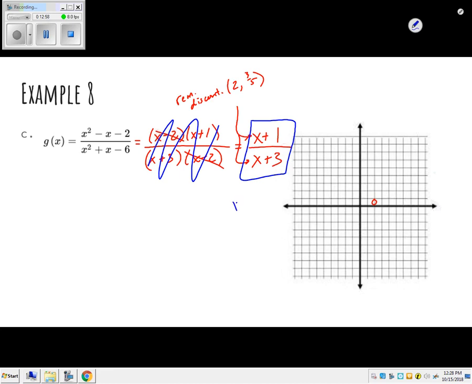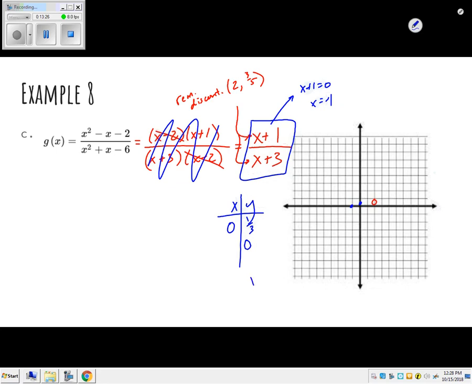I'm ready to find my intercepts. Okay, 0 and 0. So if I plug in a 0 for x, it gets pretty easy to see that I get 1/3 for my y. 0, 1/3, right here. And remember that my x-intercepts come off the top. X equals -1. So here, well, those are lining up kind of nice.